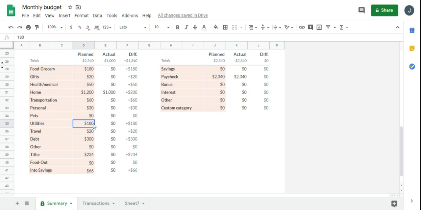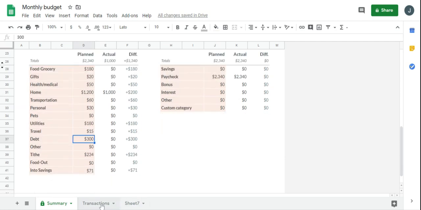So you also have to think about your electricity, your gas, and water, depending on where you live. Travel, you may want to cut that down to like, let's say 15. If you're saving that much for a while, then that's fine. Debt is 300. That's actually kind of low. Let's just go with this for now.